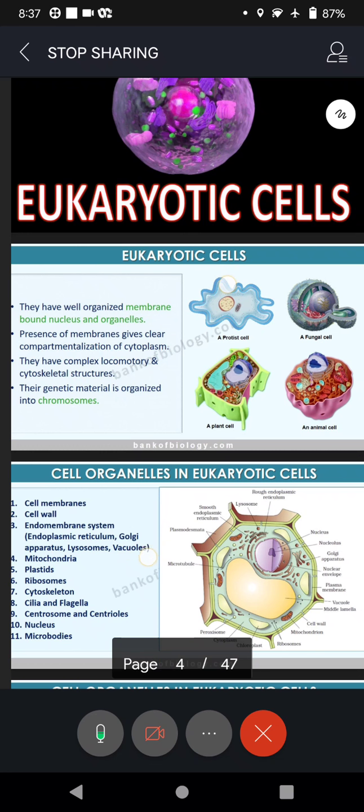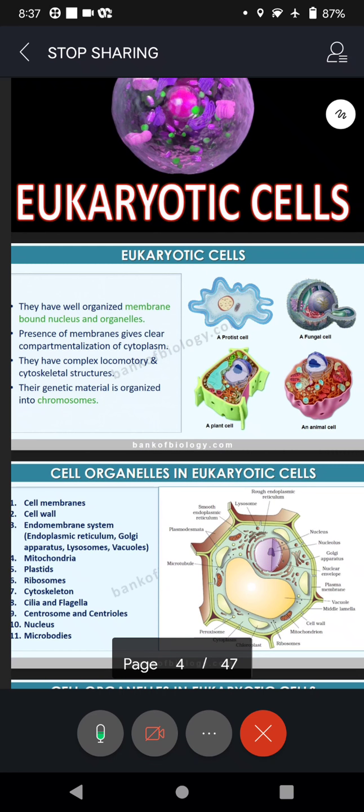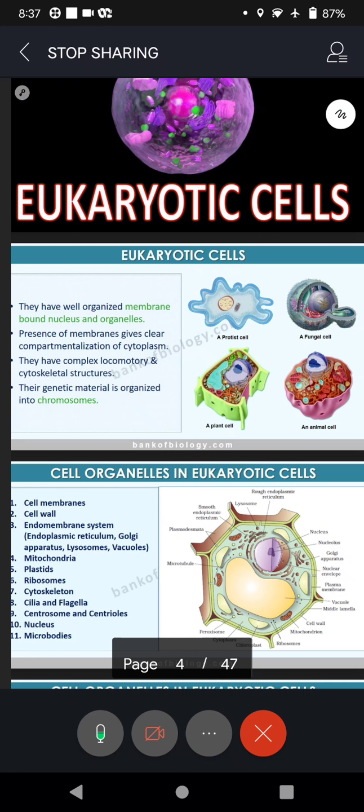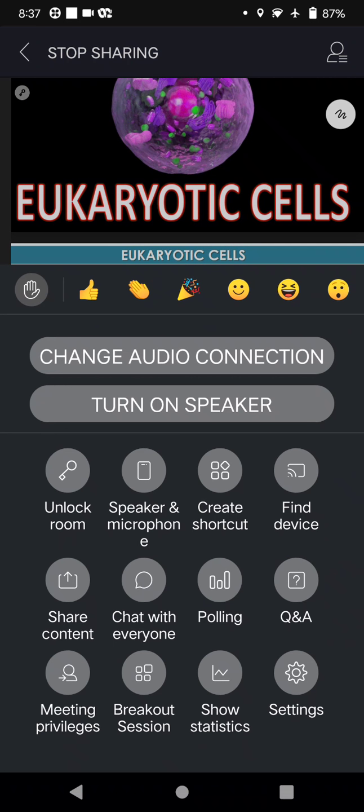Now I'll just expand this, just see. They have complex locomotory and cytoskeletal structures. Locomotory structures help in movement from one place to another.